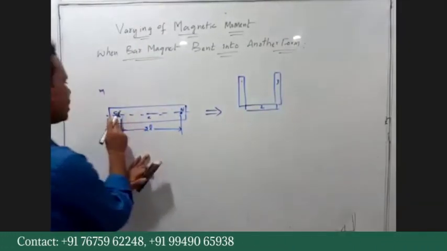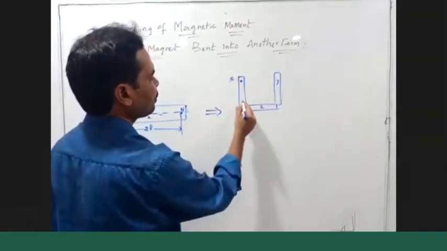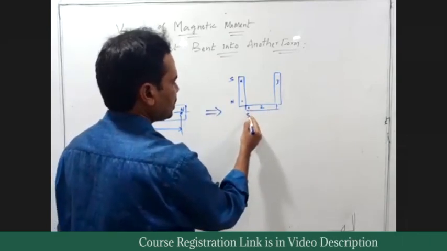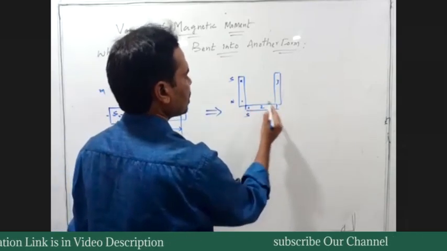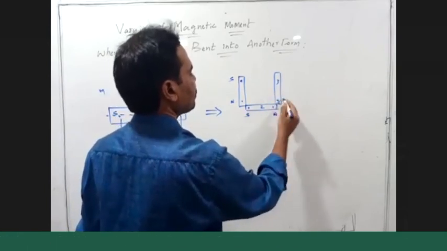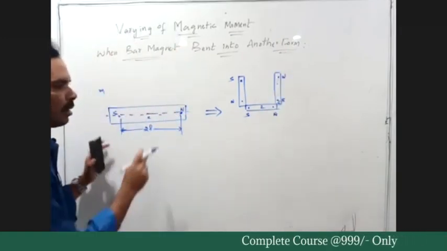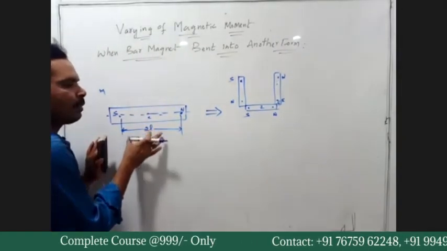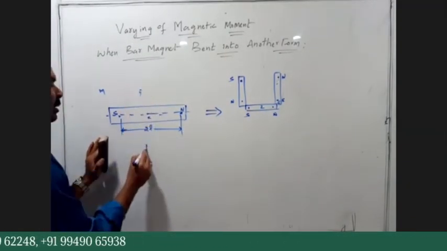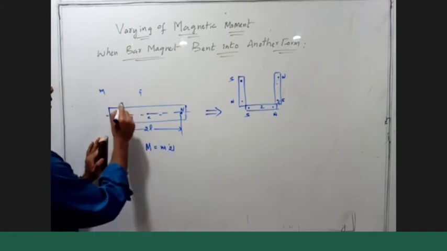So actually here this is the south pole, this is the north pole. For this one, this is the south pole, this is the north pole. For this one, this is the south pole, and this is the north pole. What is actually here? The given bar magnet of magnetic moment M, that is M into 2L, is in this direction.